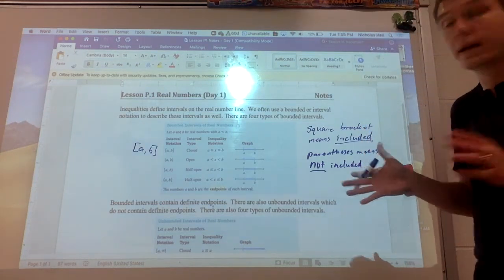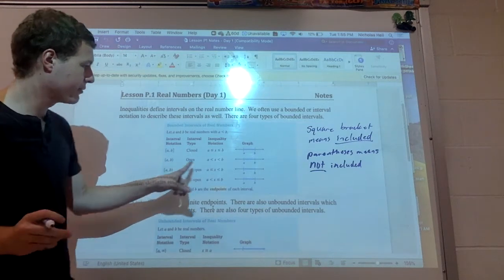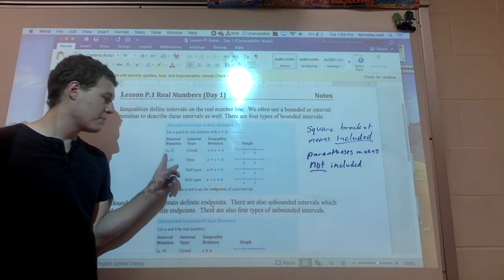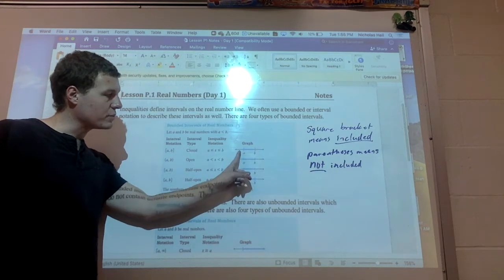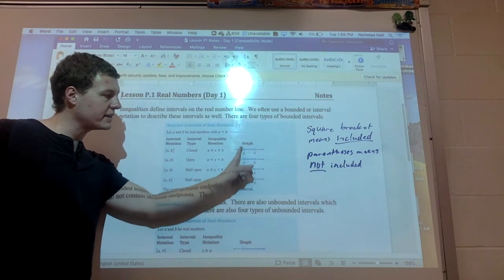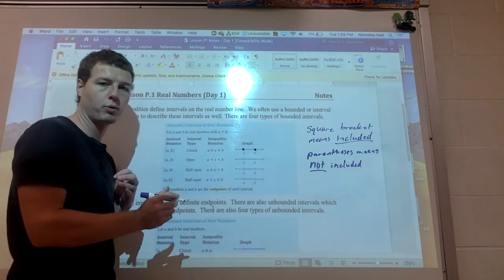Okay, so that's really all you need to know. So the way this works is if we're going from A to B, both of them are square brackets, that means we're including the endpoints A and B. And we can see that on our graph, you might also see that as a closed point.